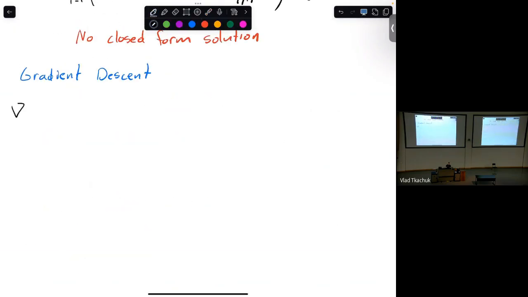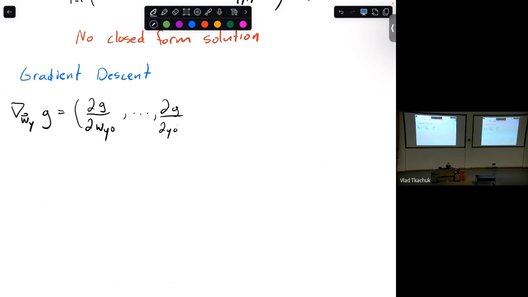So we'll write it as the gradient with respect to one of these classes' weight vectors, wy, of this g function. Well, that's going to equal this del g, the derivative with respect to wy. And then the thing that's new, right, is having this y here. But before we had this y, it would have been like at index 0 up to derivative g with respect to y at index, well, there's d, right?